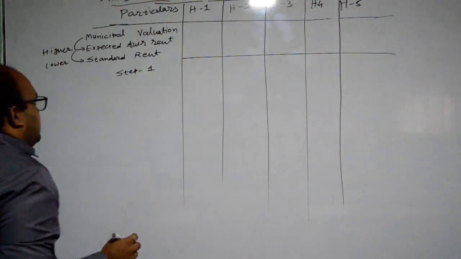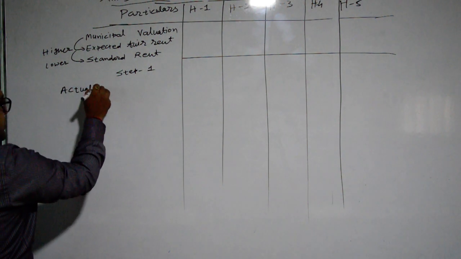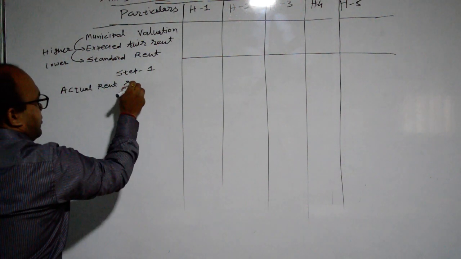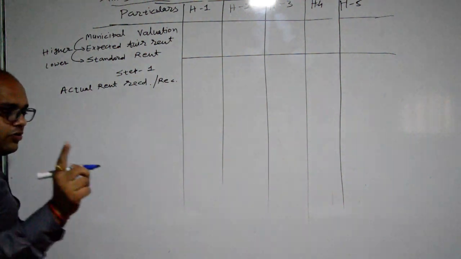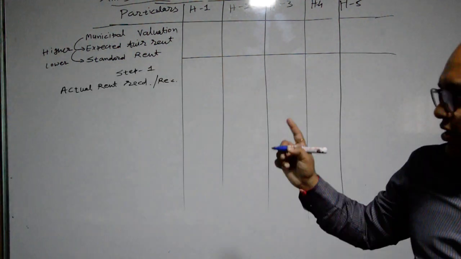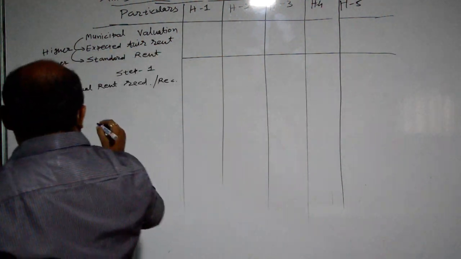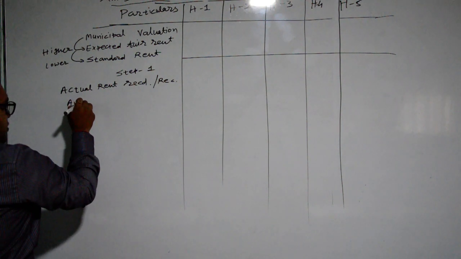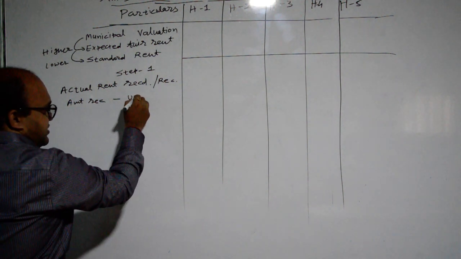Then actual rent received or receivable will be provided. Please consider that when we are getting rent received or receivable, it means amount receivable minus unrealized rent.